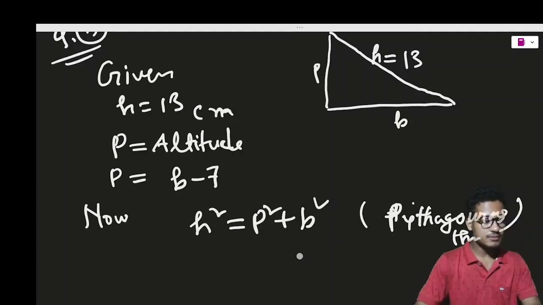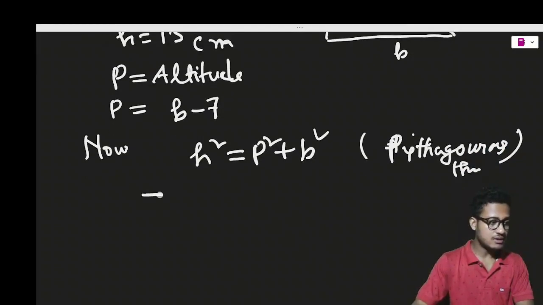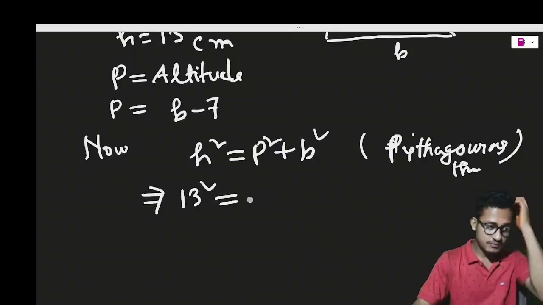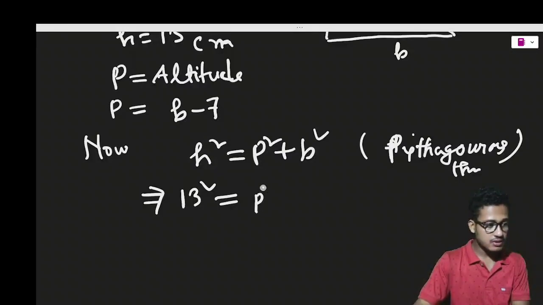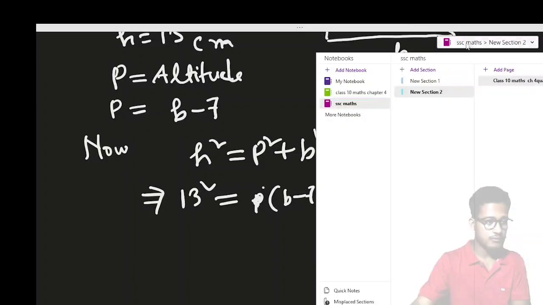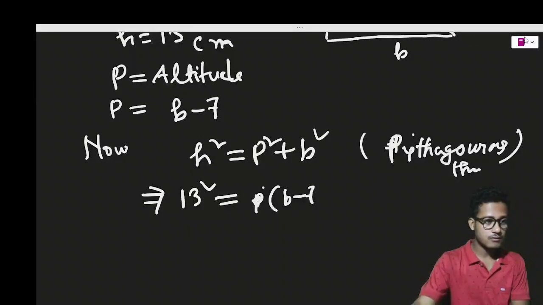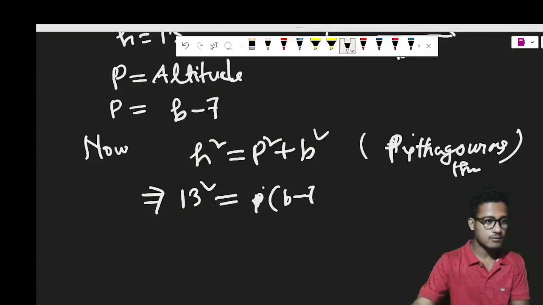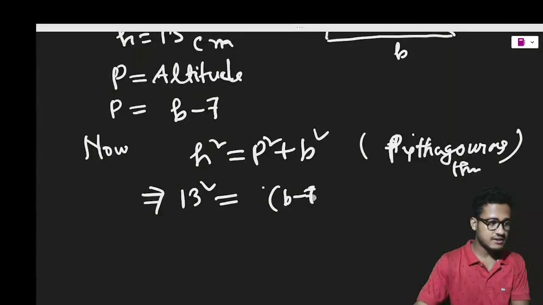This will imply h is equal to 13 square, and p square, where p is equal to b minus 7.